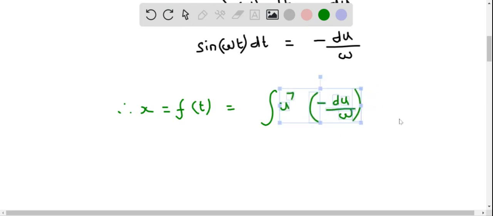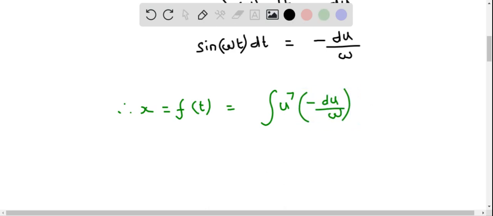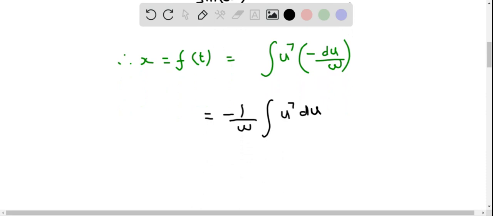I'm going to factor out the negative 1 by omega. So this becomes negative 1 by omega, where omega is a constant, integral of u raised to the power of 7 du. Now we can use the power rule of integration.